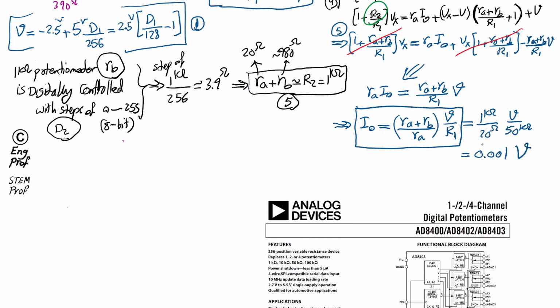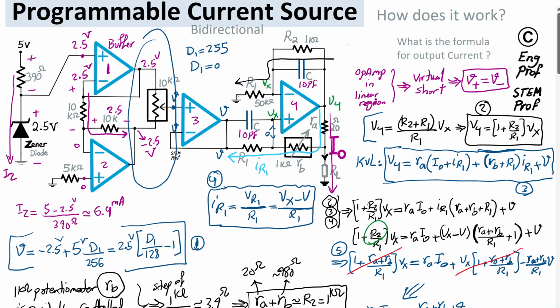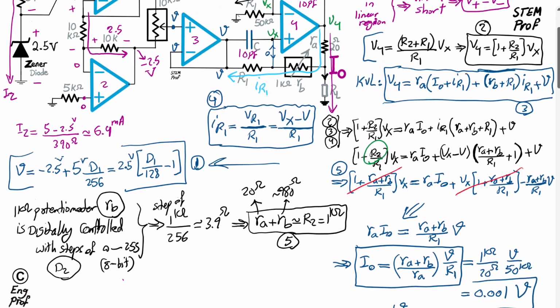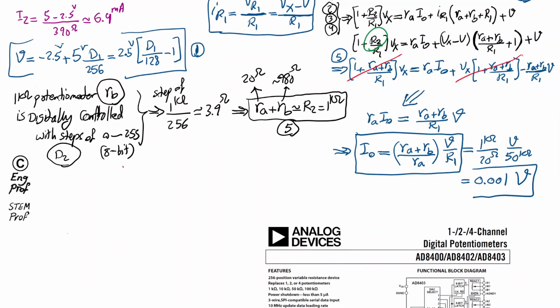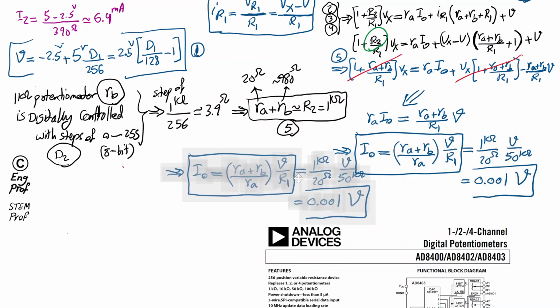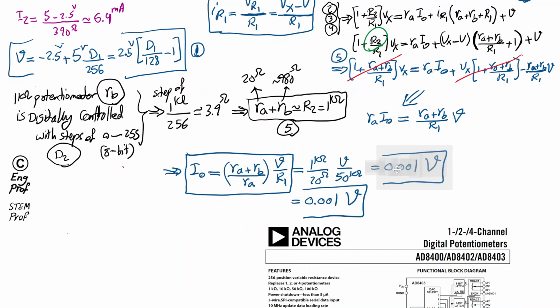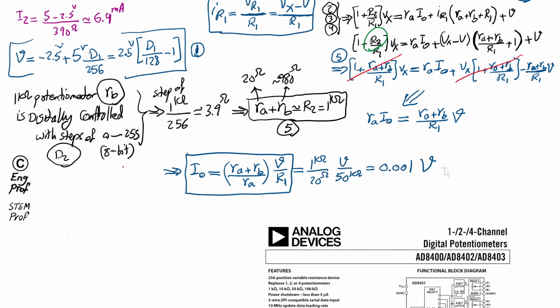0.001 V. In this design, V as controlled here is a value from equation 1, between 2.5 and negative 2.5. Let me shift this whole thing here so that things are in better shape, and I'm going to write it here. If we substitute from equation number 1, we have effectively 0.001 times 2.5, which means 2.5 milliamp.